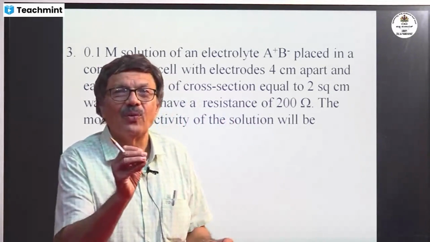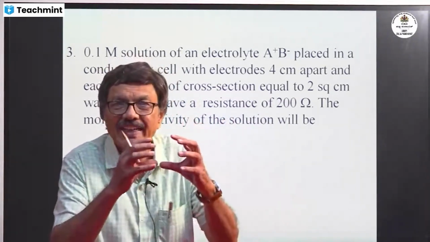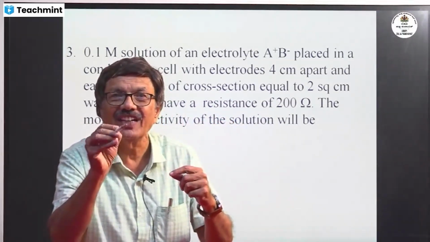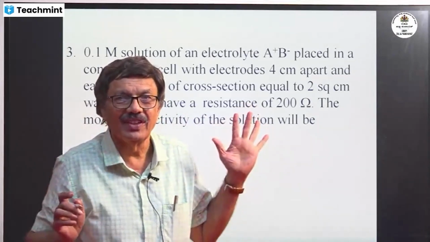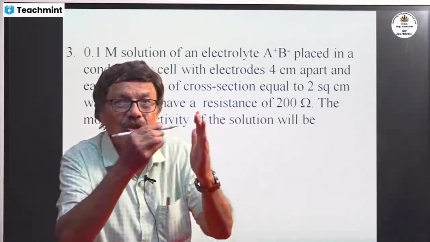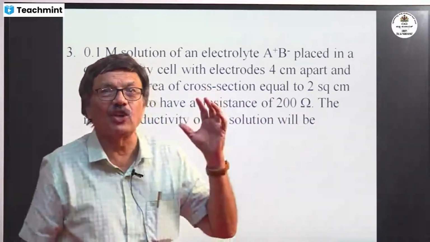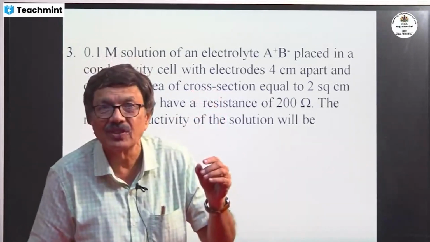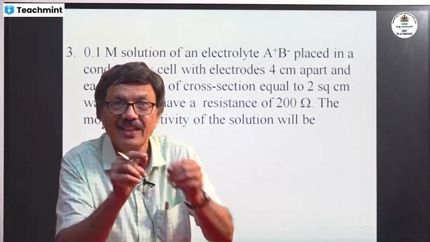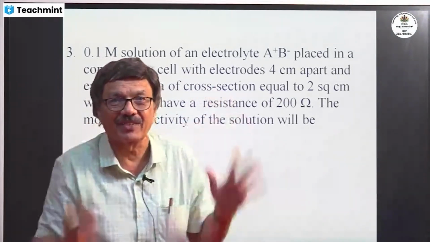Now, a few formulae. A conductivity cell is the instrument which is used to measure the conductivity. Each conductivity cell is fitted with 2 electrodes, platinum electrodes coated with platinum black. We call them platinized platinum electrodes, each of area A, maybe square centimeter, separated by a distance of L centimeter.